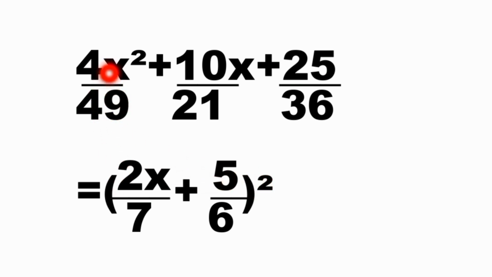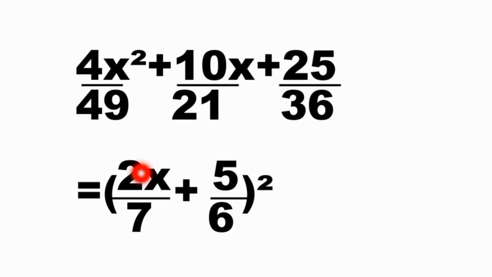The square root of 4x squared is 2x, the square root of 49 is 7, the square root of 25 is 5, and the square root of 36 is 6, and we derive that 10x over 21 is twice the product of the first term and the last term.